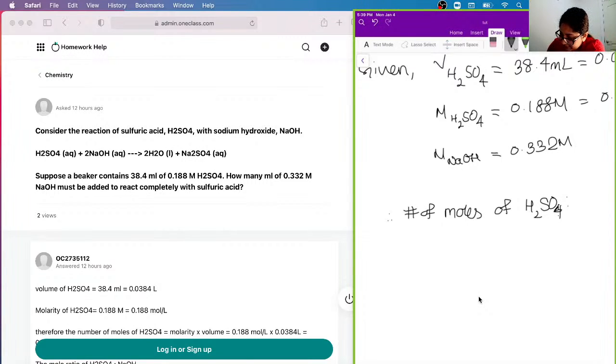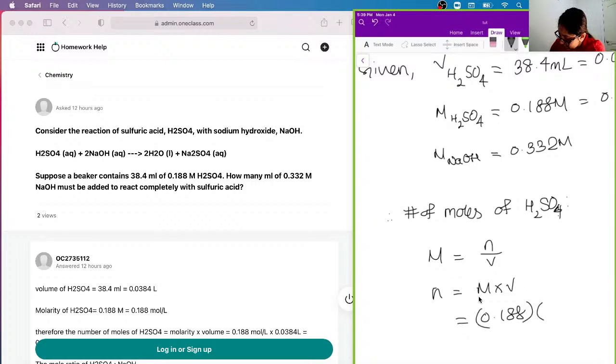Since molarity is equal to n over V, moles is equal to M times V. And so molarity, we're given that it's 0.188.